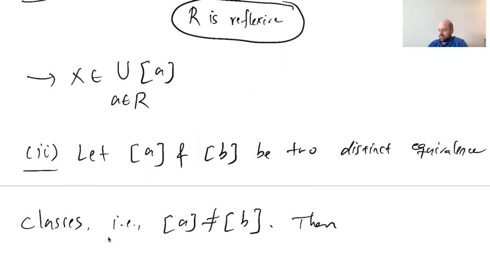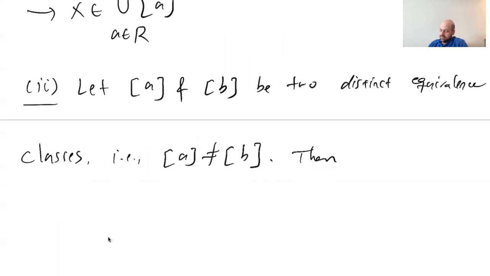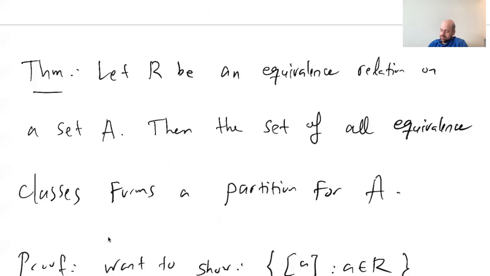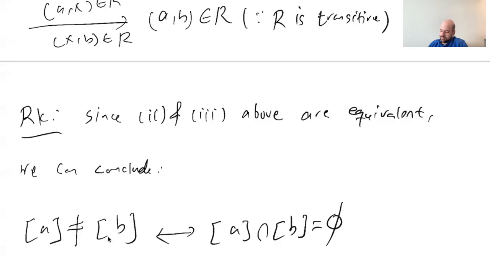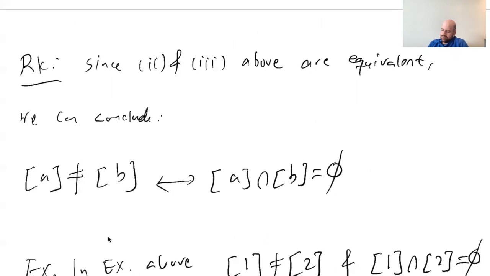Then what can we say? Then we can say that the equivalence class of a intersection with the equivalence class of b is equal to the empty set. We already mentioned this as a remark here, so let me call this one remark star.